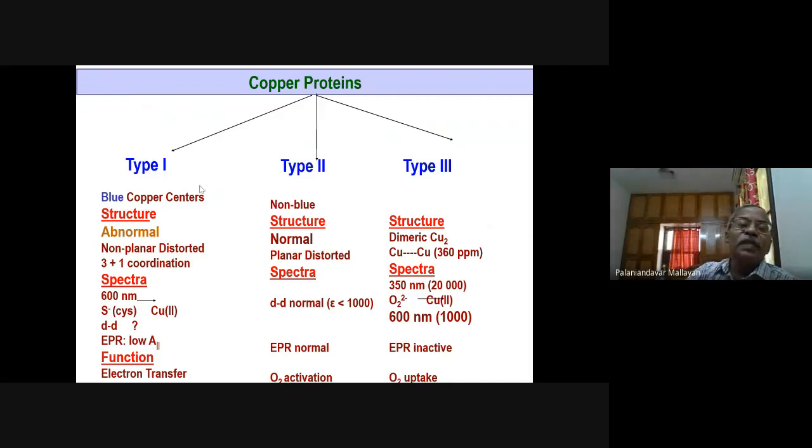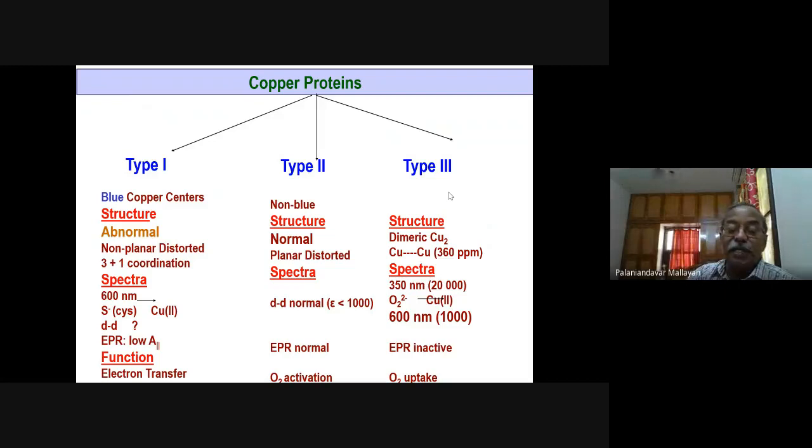This means that the type 1 protein takes part in electron transfer, delivers electrons for the O2 activation catalyzed by the type 2 protein, and type 3 also takes part.